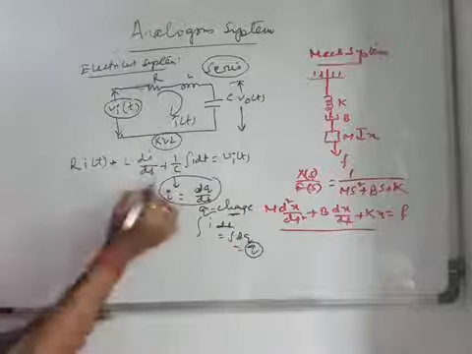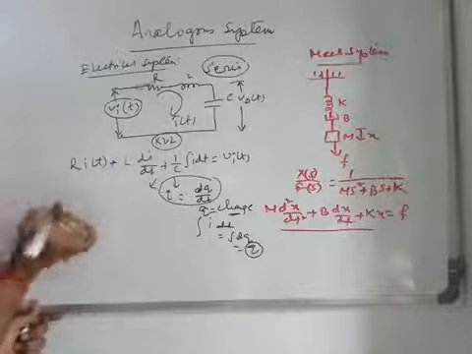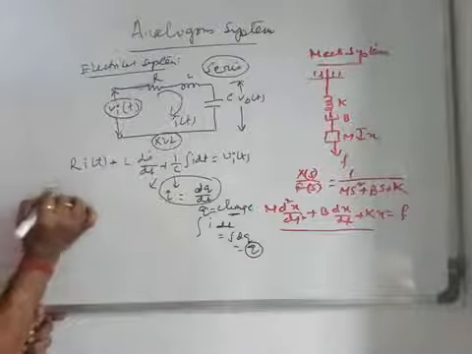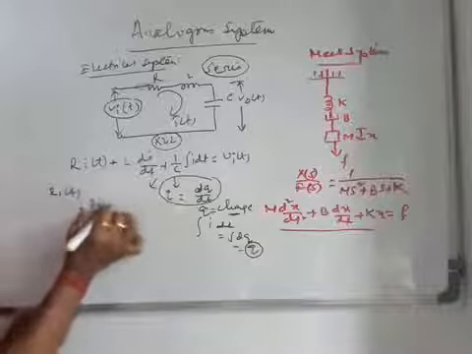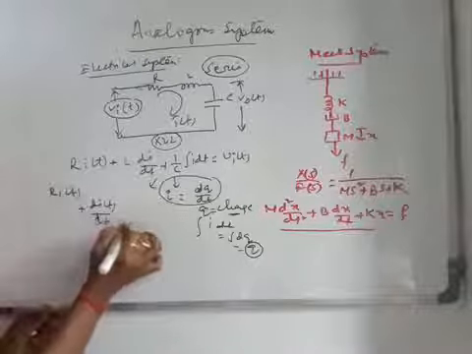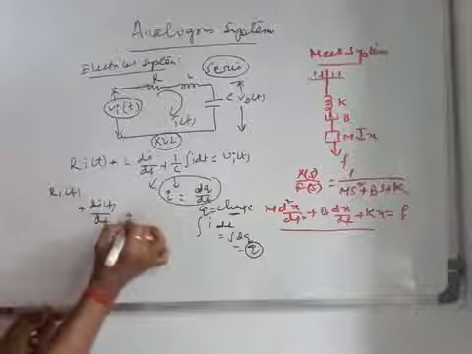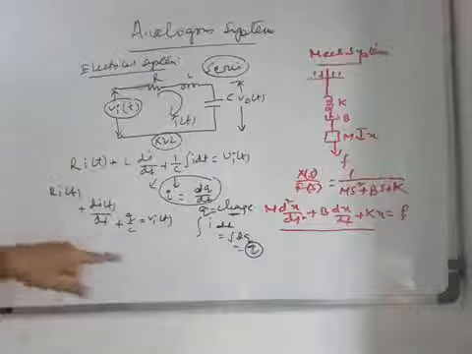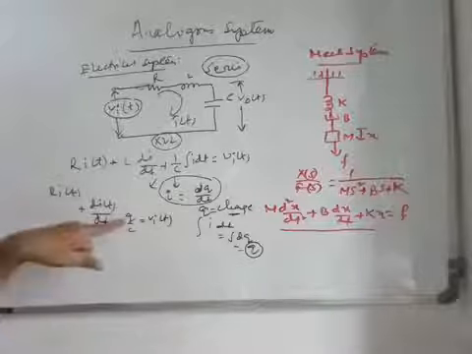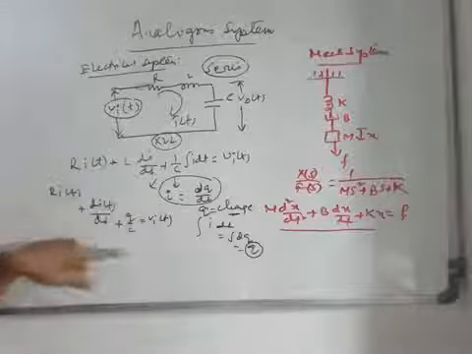So you can modify these equations and write R i plus L di/dt plus (1/C) q is equal to v(t). Now you see there is no integration term.